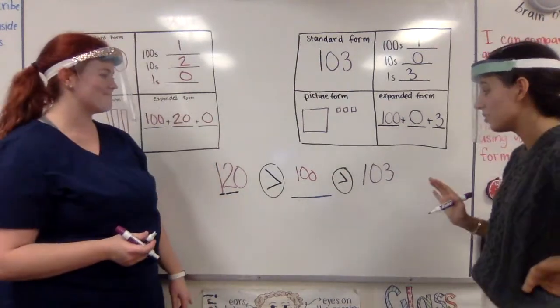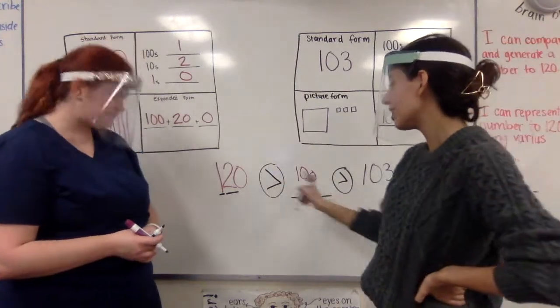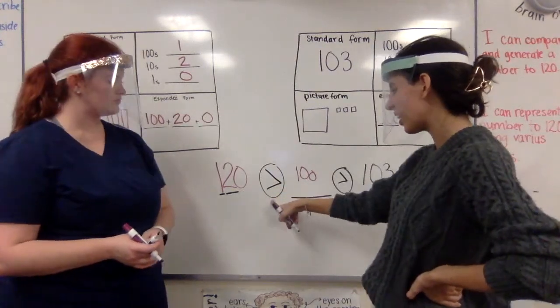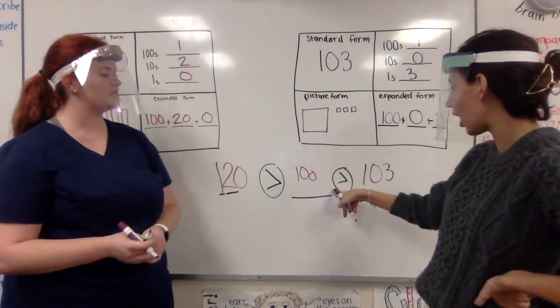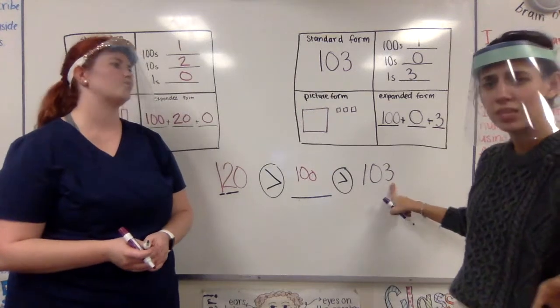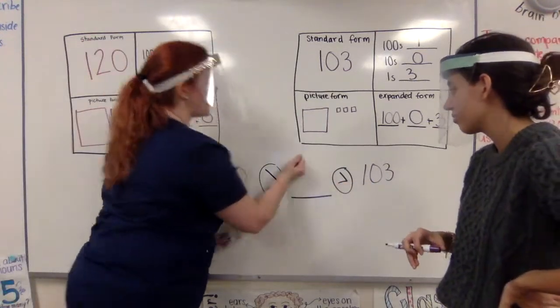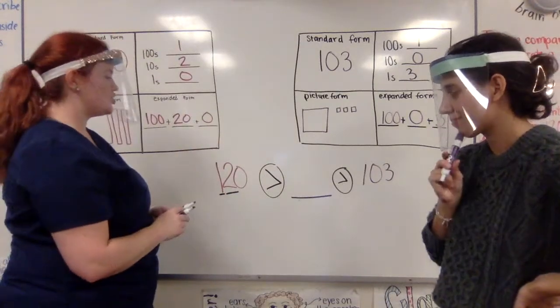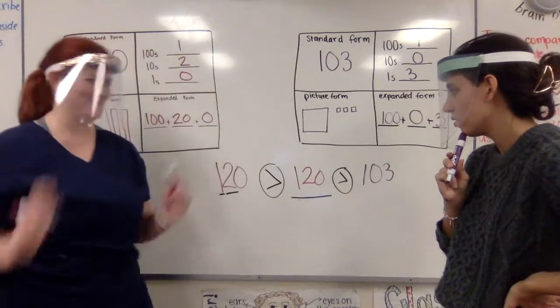Oh, but when we do this, we have to do 2 separate comparison problems. So we did compare 120 is greater than 100, but 100 is not greater than 103 because this has a 3 in the ones place and this has a 0 in the ones place. Oh, okay, I get it now. Okay, let's do, how about this? 120.